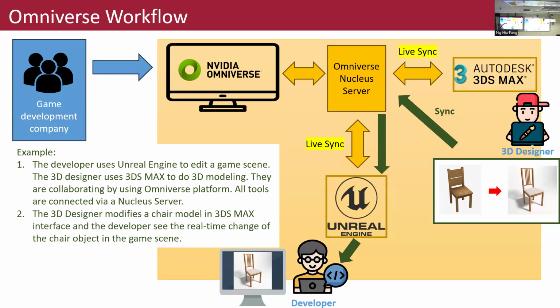So they have end users and developers. Say you have a game company here, for example Tencent, but Tencent hasn't used Omniverse. Maybe I use another one, Ubisoft. So Ubisoft connects with NVIDIA Omniverse.